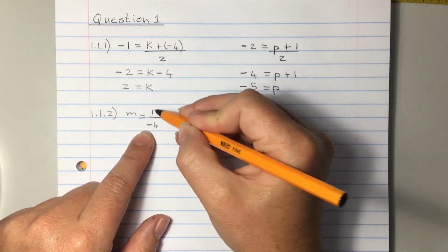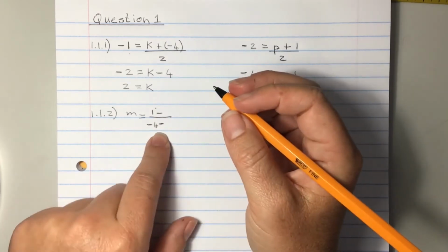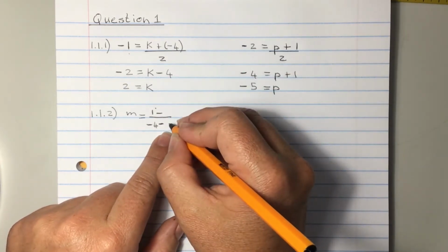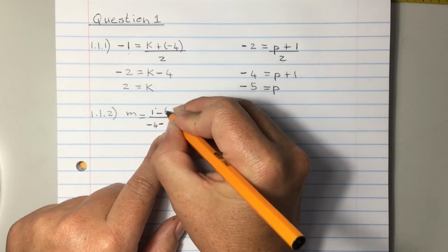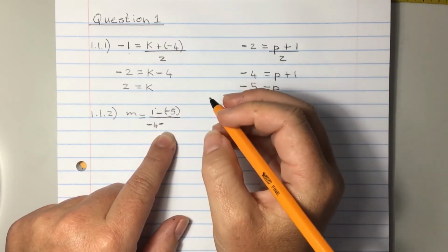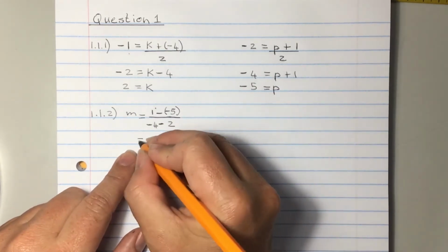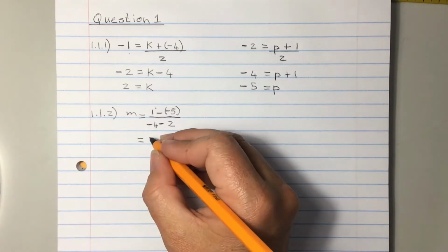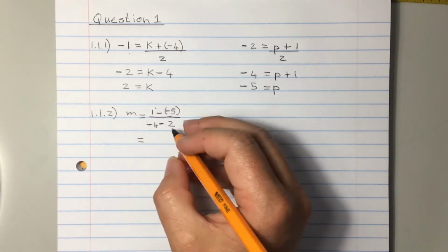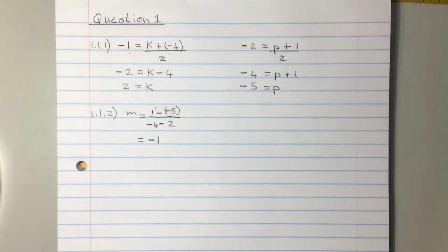So there you can read point A, and then I need my change in y values. So I'm going to put my y value, -5, over my x value, which is 2. And I plug that into my calculator, and I get an answer of -1. And that is my gradient of AF.